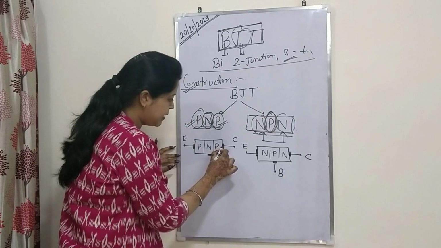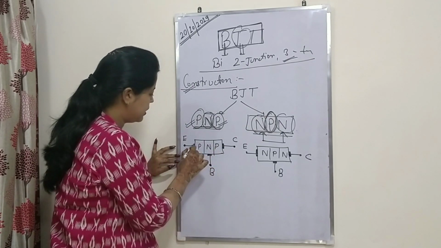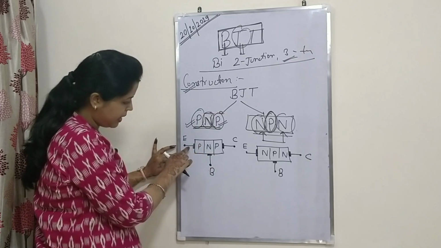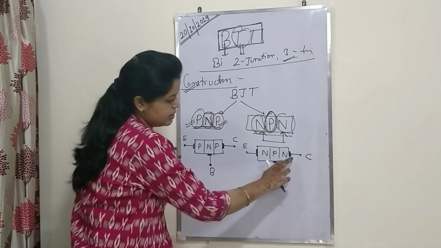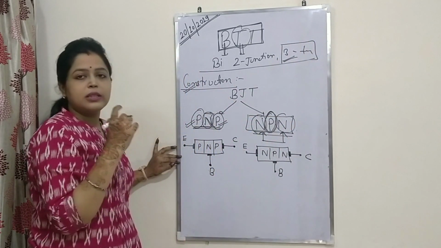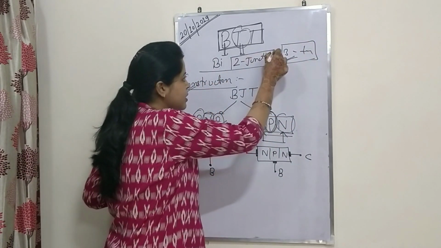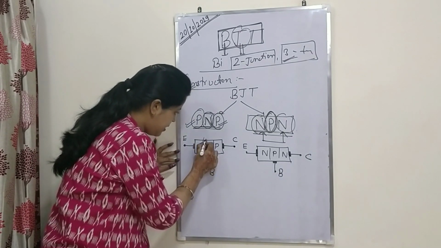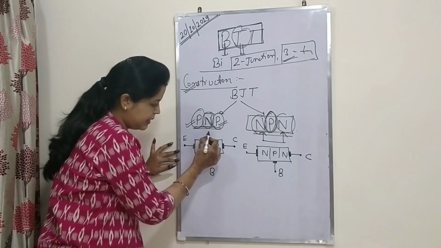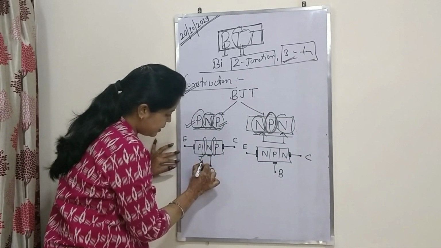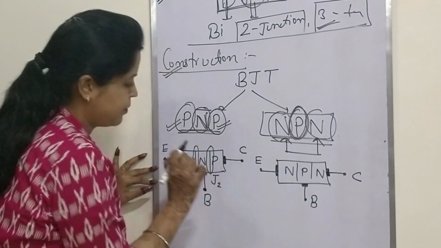Here the highlighted part is just to show the proper contact of the terminal from the structure. So I am highlighting these three terminals. So that's why it is three terminal. Now the second thing is why two junction? Because here one junction is between this P type and this N type, and another junction is here, represented by J1 and J2.